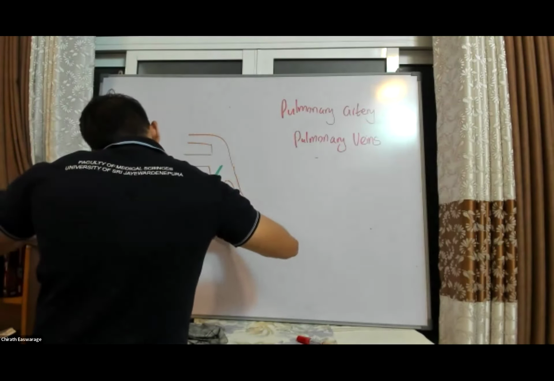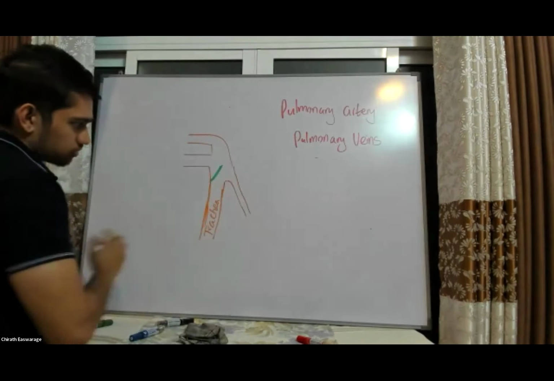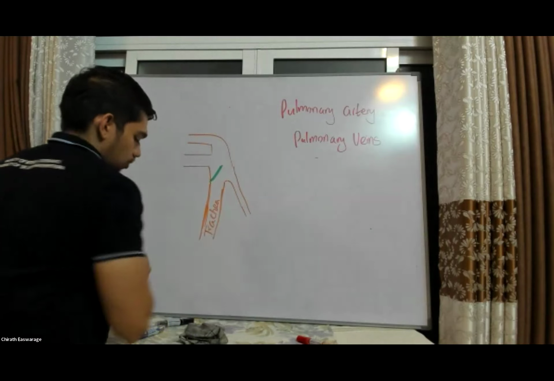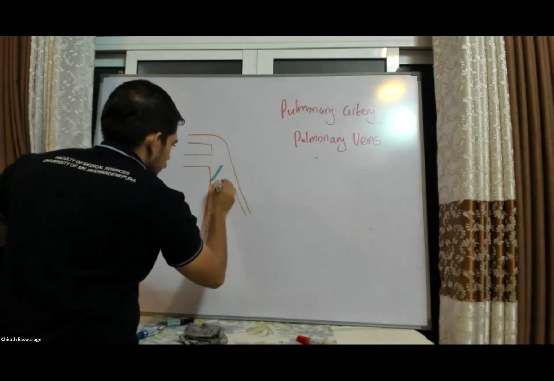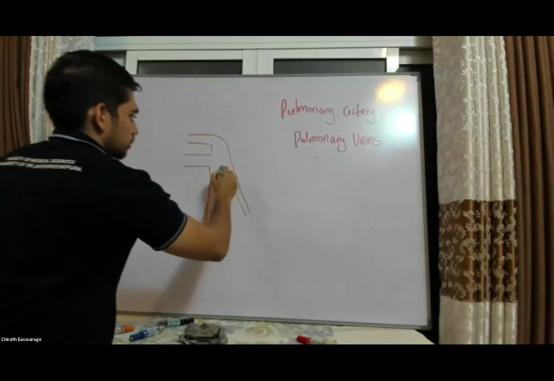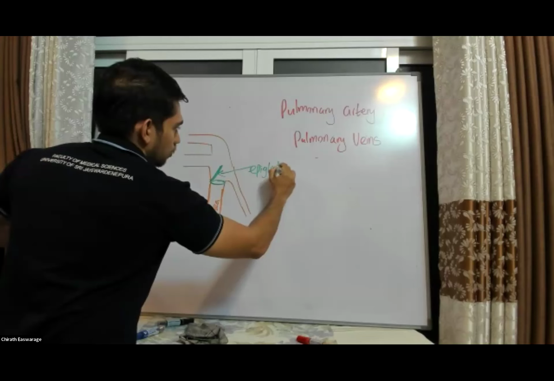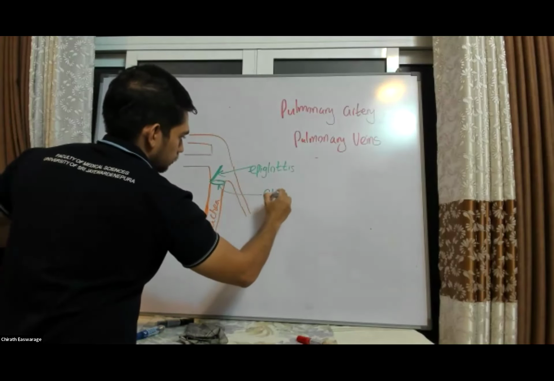Sorry, it's not the larynx here. This is your trachea. The beginning, or the opening, of the trachea is called the glottis. This is your epiglottis, which is sort of above the glottis. This is your glottis.